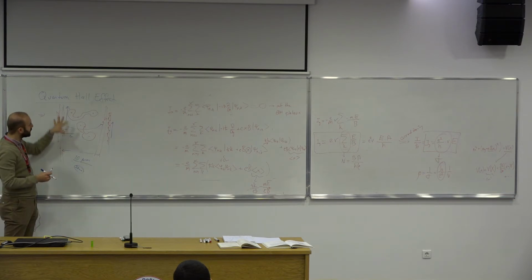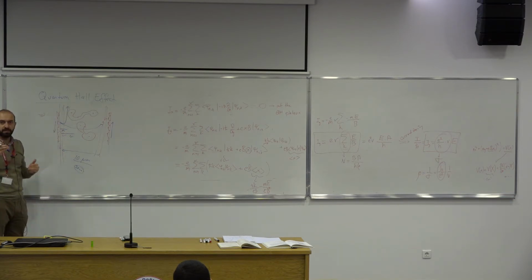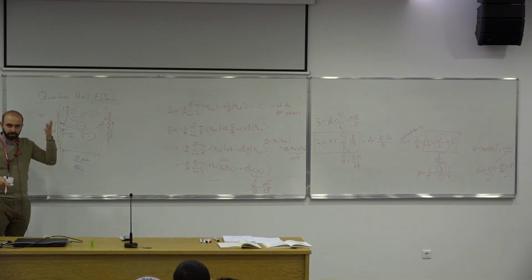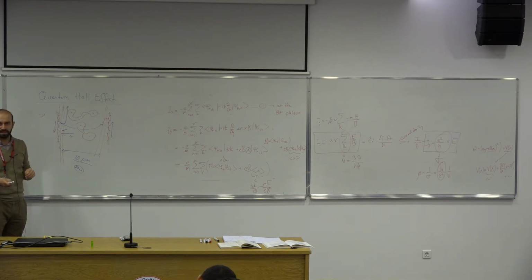So whenever you apply a potential difference to your sample, this preserves the number of electrons traveling one way or another, which gives the robustness of the quantum Hall plateaus.